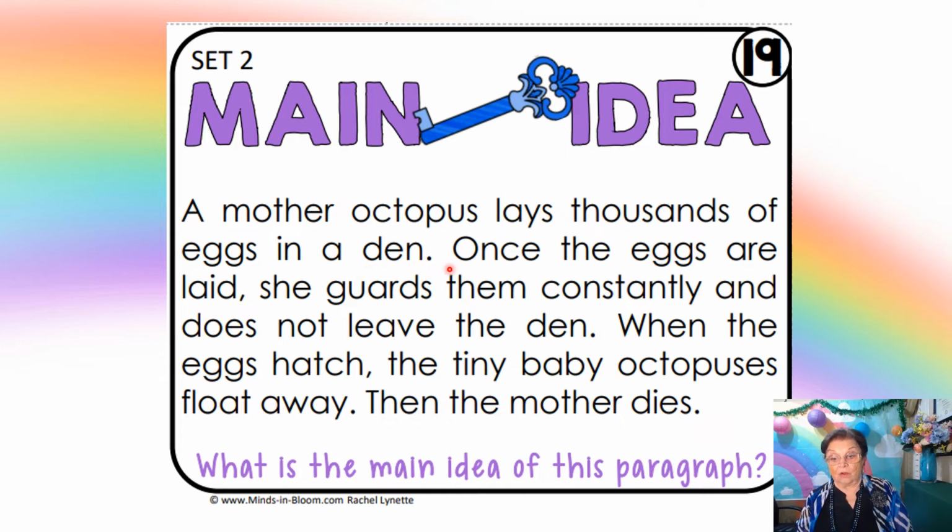Okay. Once the eggs are laid, she guards them constantly and does not leave the den. When the eggs hatch, the tiny baby octopuses float away, and then the mother dies.